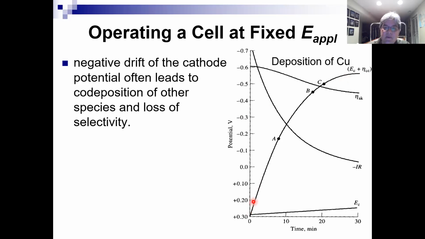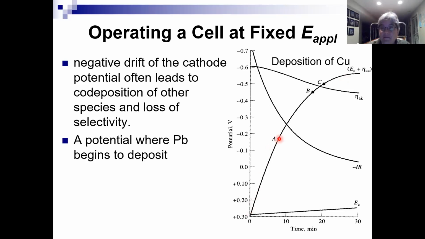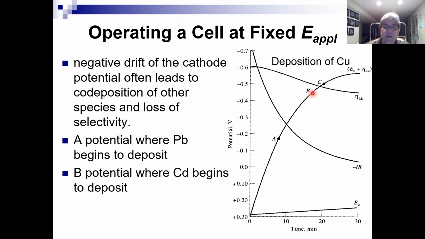As the cathode starts going more negative, once the potential gets here, lead also deposits, so we're getting copper and lead. As it keeps getting more negative, now we get cadmium, so we've got copper and lead and cadmium. And when I get out here, I'm also getting hydrogen gas coming off. So this is a big problem for my analysis. I'm trying to just deposit copper, not all these other things.